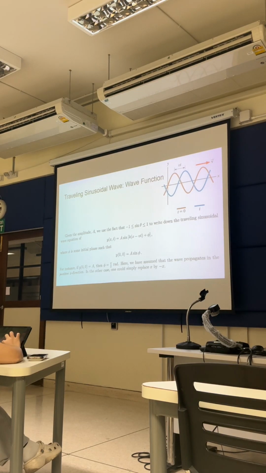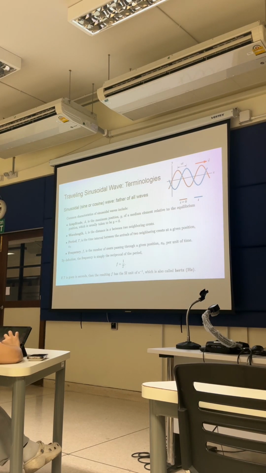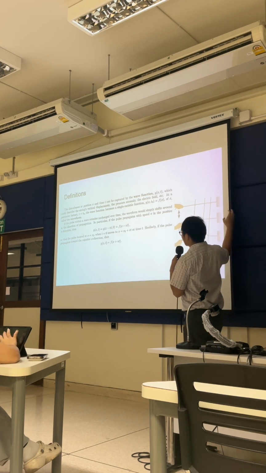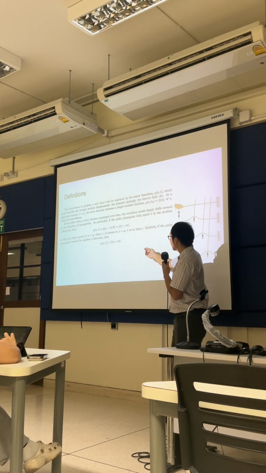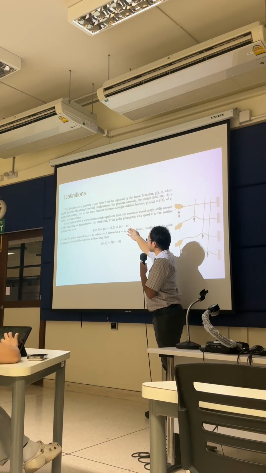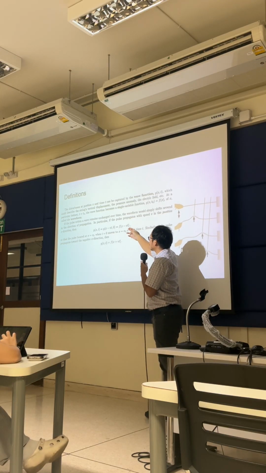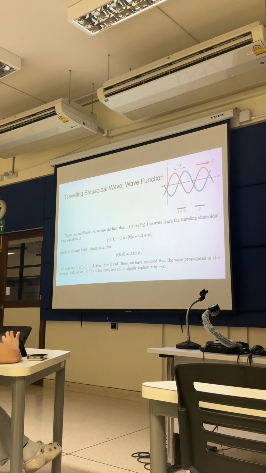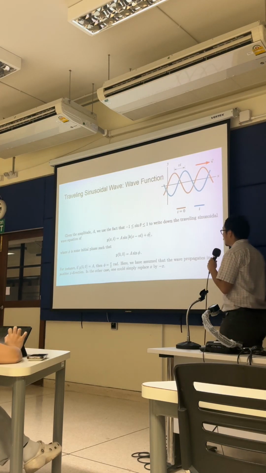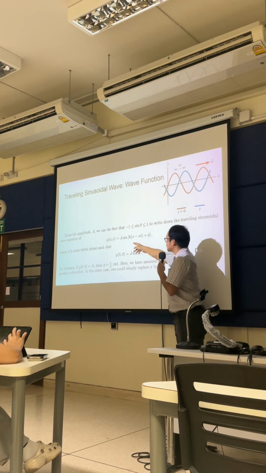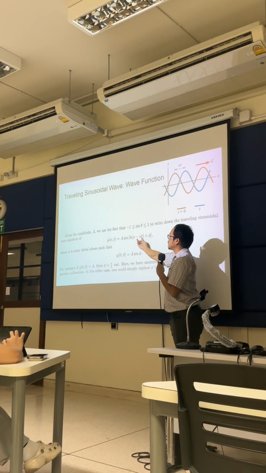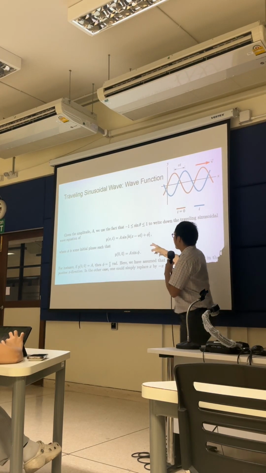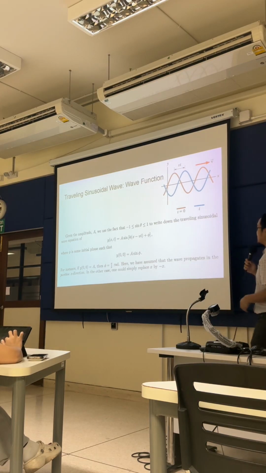Well, to see that, we have to go back to this consideration, right? If the wave propagates toward the positive x direction, then we know that the wave function is a function of x minus vt. So in general, we must have sine of some constant times (x minus vt) plus basically a phase, an initial phase.